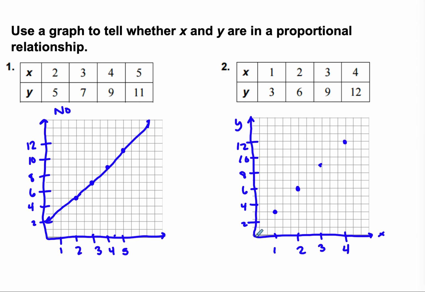Okay. And then I extend my line through my graph space. This one is a straight line and it goes through 0, 0. Yes. My constant of proportionality on this one would be times 3. 1 times 3 is 3, 2 times 3 is 6. That's how I know it's proportional.